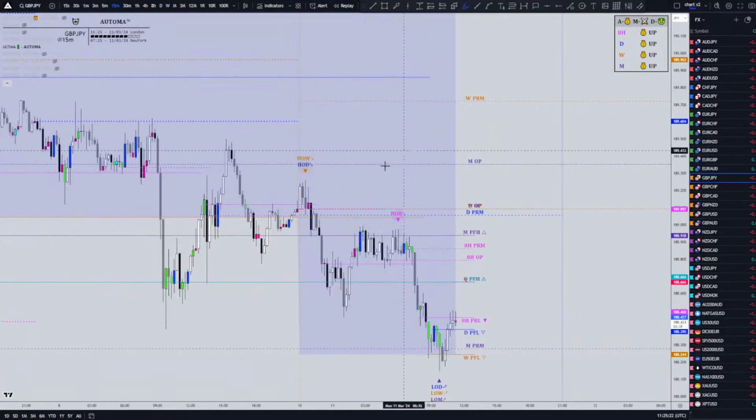So let's say that was Asia. When you come to London, what you're focusing on is the high of the 8, right? Why are we using 8 hours? Because it gives you an objective session division for Asia, London, New York. 24 hours divided by 3 equals 8, right?